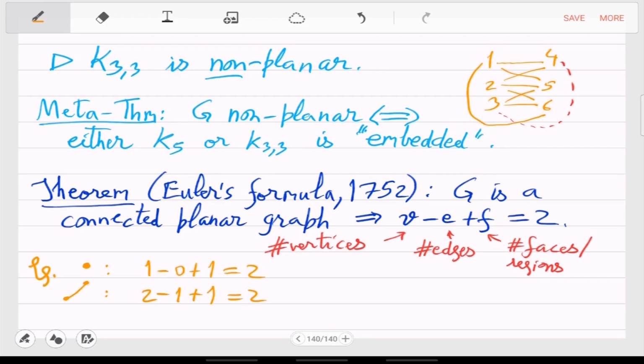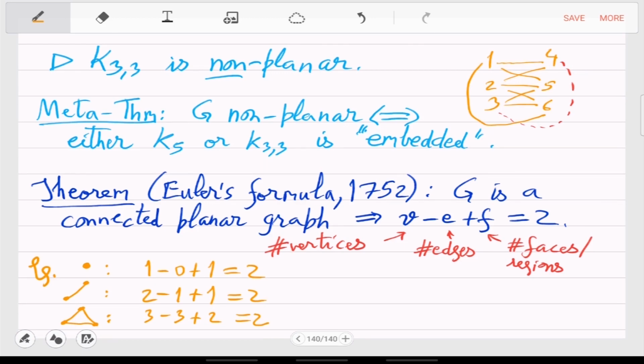First time that happens is by a triangle. Right, then you have an inside region and there is an outside region. So you have now 2 faces, edges 3, and 3 vertices, so you get 2. Okay, and so on. In general, Euler showed that for any planar graph, this property is true.